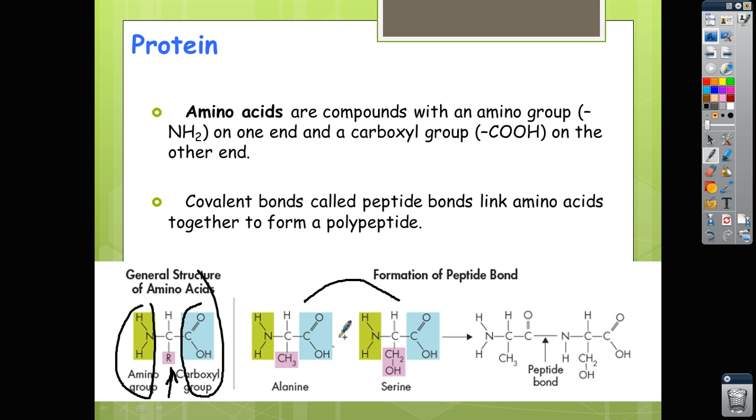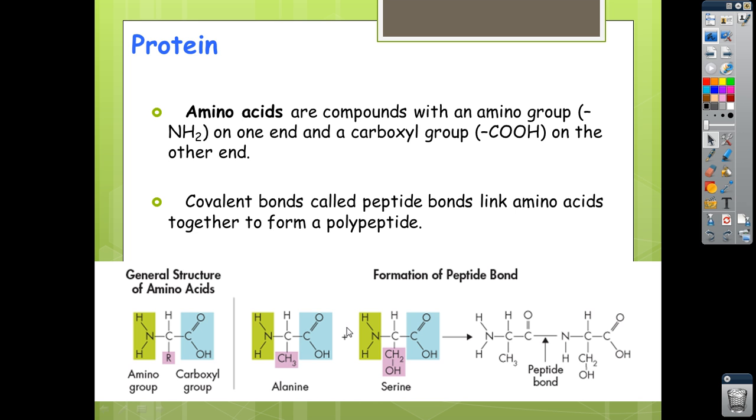You will see that your carboxyl group is the same in both, and the only difference that you have is going to be your side chain. Okay? Now, what happens when we want to link these amino acids together? The thing that links amino acids together is going to be your peptide bond.